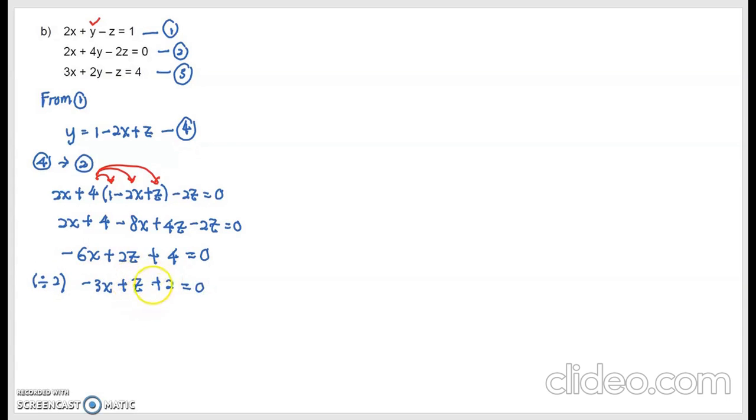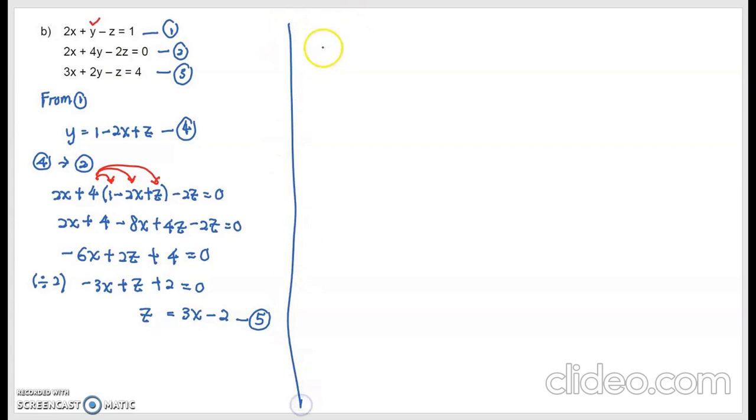I let z be our subject. So z is equal to, negative 3x moves to the right hand side as positive 3x, minus 2. Positive 2 moves to the right hand side as negative 2. So here is equation 5. Now I try to get my equation 6. Substitute equation 4 into equation 3.